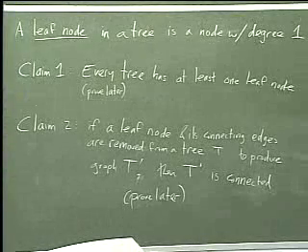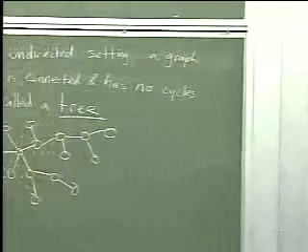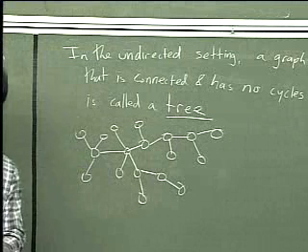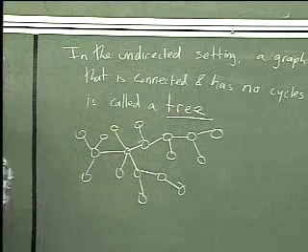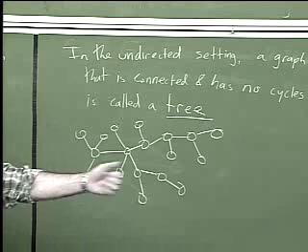If I remove a leaf node, the graph is still connected. And basically the proof is I remove this node. There's only one edge connecting it. It's always at the edge of the branch. It's like if you break a leaf off of a branch off of a tree, right?